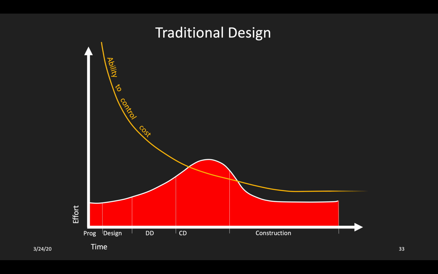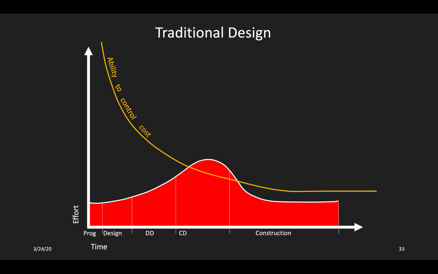So if this is our effort, this curve actually shows our ability to control the cost. What does that mean? That means that if you make decisions early, that can help a lot to control your cost.